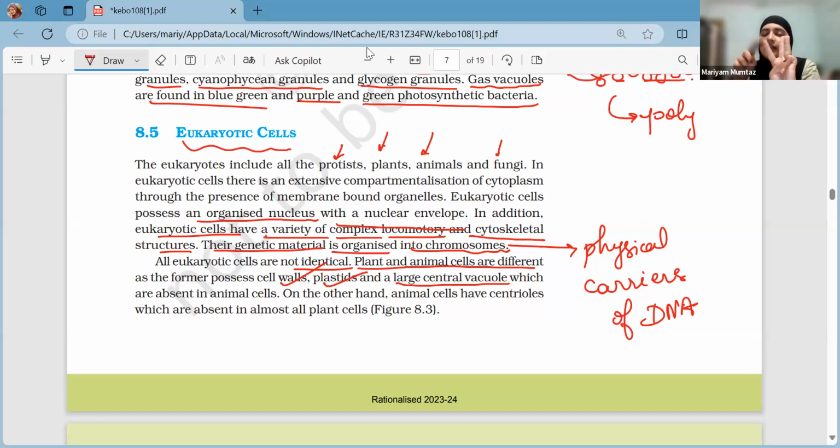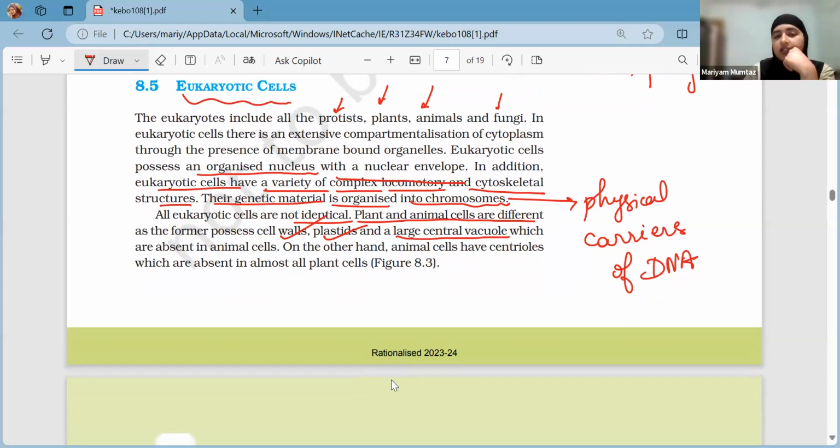So three things: cell wall, plastid, and what is the last one? Large central vacuole. These are not present in animals but are present in plants. On the other hand, animal cells have centrioles that are absent in almost all plants. So animals also have something that is not there in the plant cell, and that is the centriole.